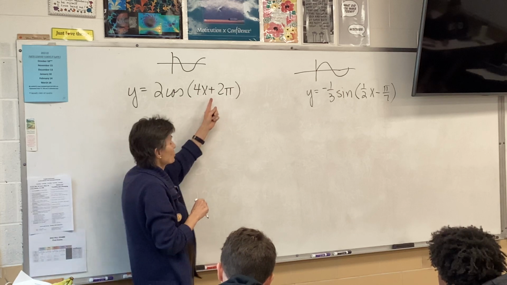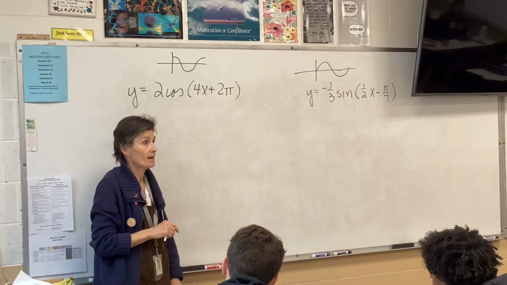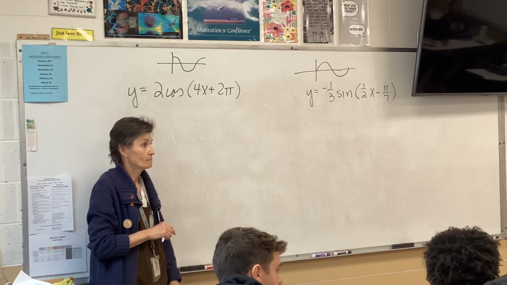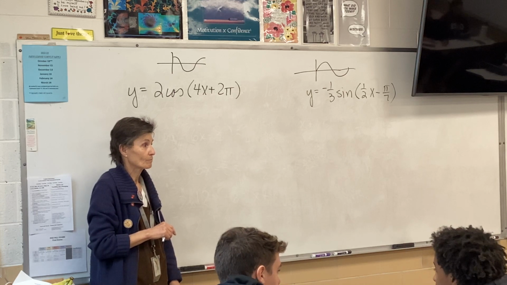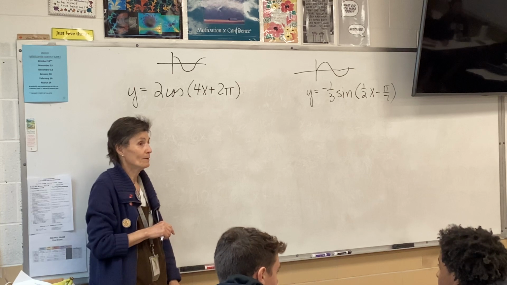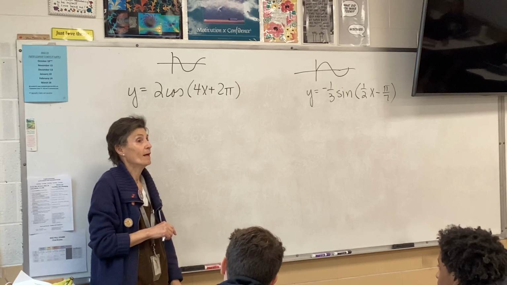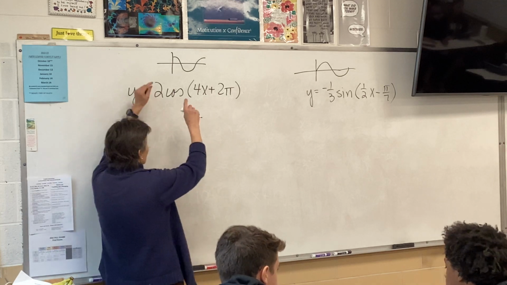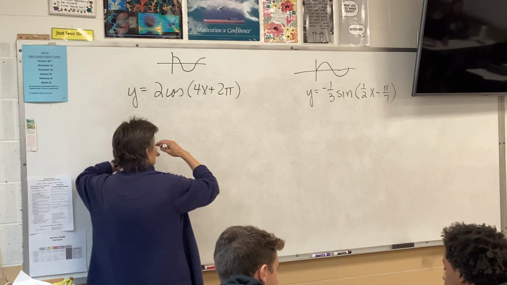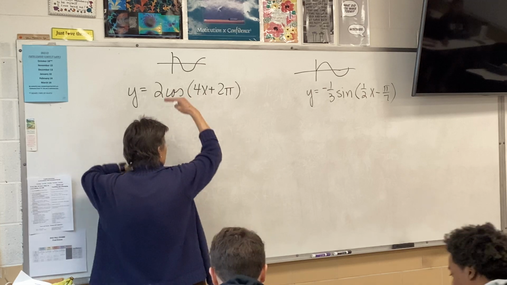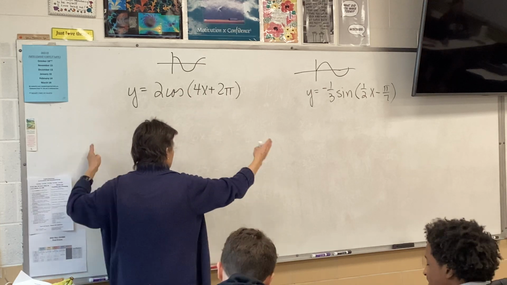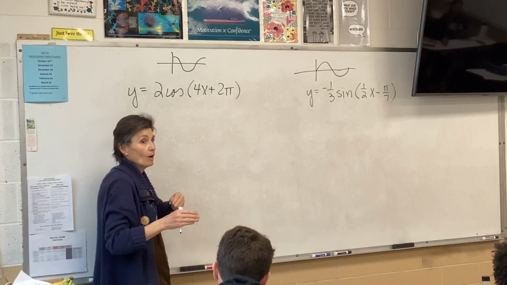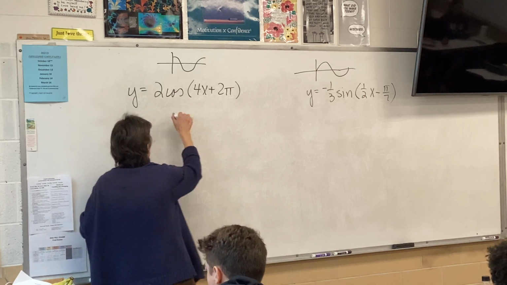Who remembers what adding and subtracting to x does to your picture? Sam? Brent? Left and right. Left and right, it's gonna move it left and right. So, we are today not only going to change this and change this, but we're going to change where it's positioned. Okay? So here's what we do first.